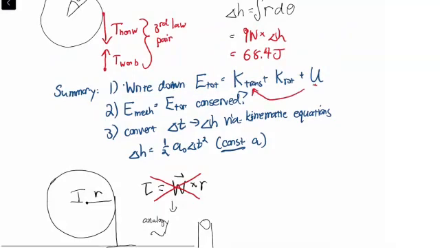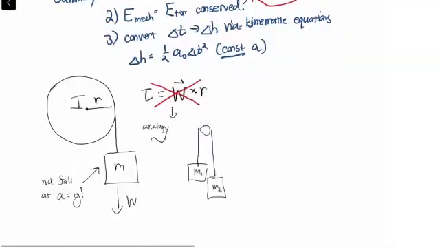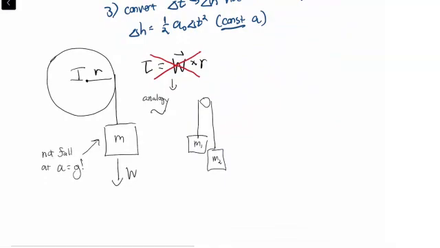But if you add in the wheel, you also need to convert rotational energy. And the ratio between those two has to do with the moment of inertia of the wheel and the mass of the block. So that's why I want you to think about it more like Atwood's machine, where you have these two balancing forces. So in this particular case that we just discussed, the weight of the object is a torque.